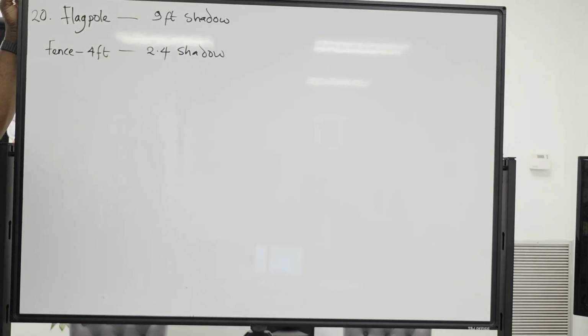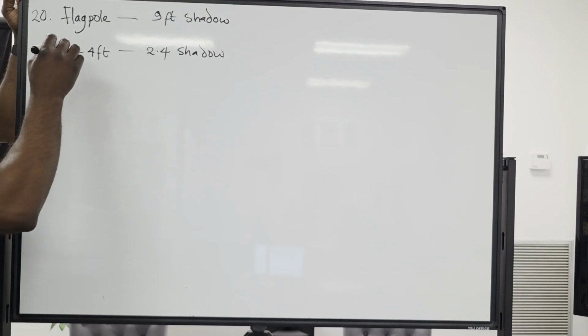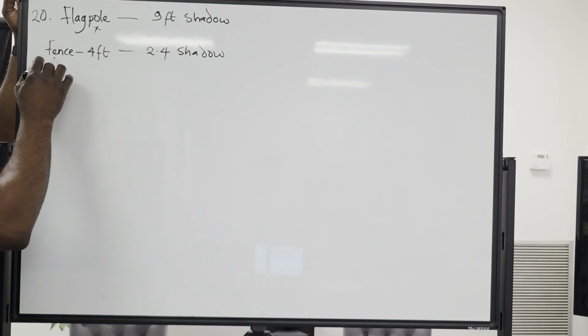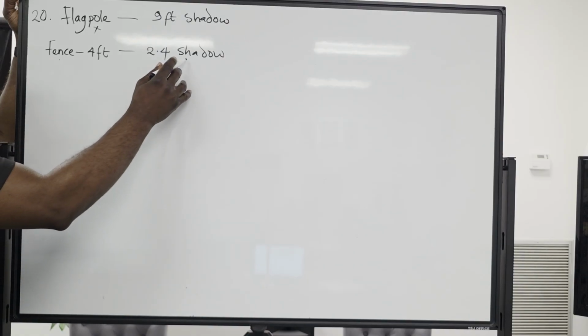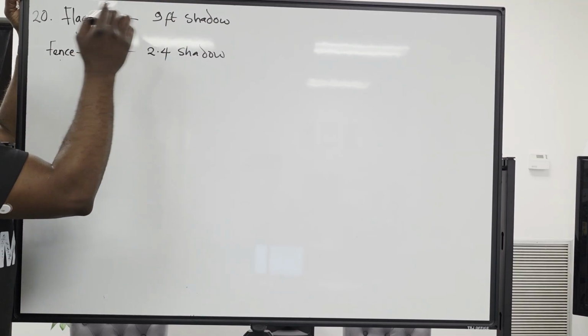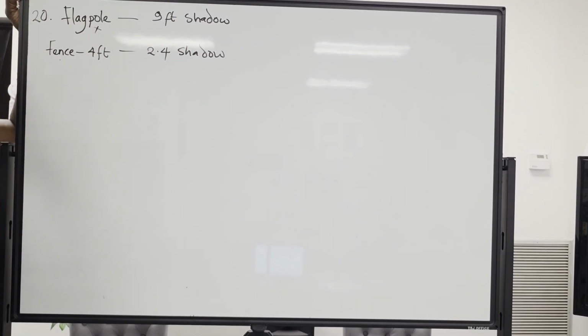Given that both the flagpole and the fence post are vertical and on level ground, what is the height in feet of the flagpole? They're looking for the height of this flagpole. We know the height of the fence and its shadow, and the shadow of the flagpole, but we don't know the flagpole height.